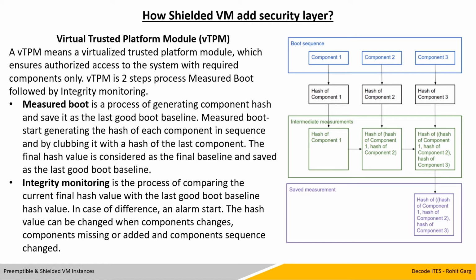Now when component 3 starts, it generates the hash of the component combined with the hash of 1 and 2. This process continues until all components are loaded. Once every component is loaded, it will save the final hash value as the saved measurement, the last good baseline for comparison during the next boot.